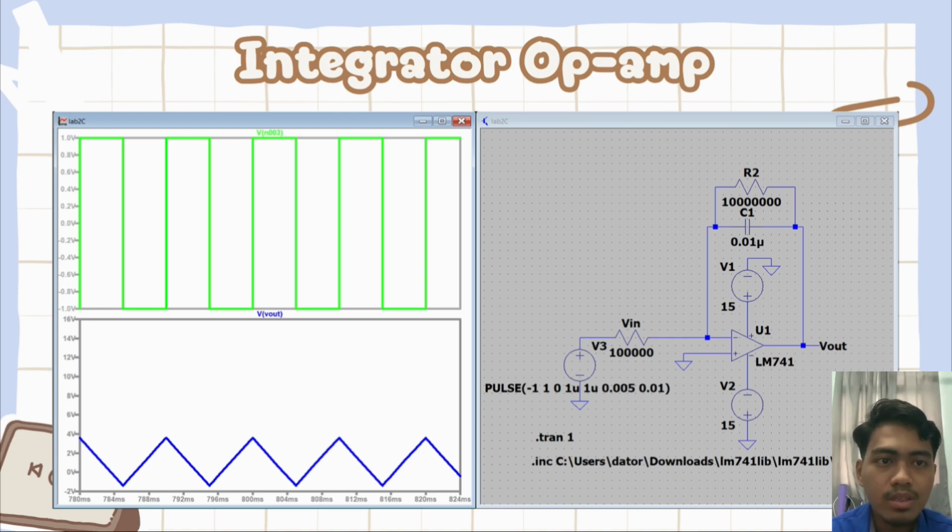To stabilize the circuit, a large resistor like 10 meg is placed in parallel with the feedback capacitor to limit the DC gain and provide a stable operating point, although this sacrifices some accuracy at very low frequencies.